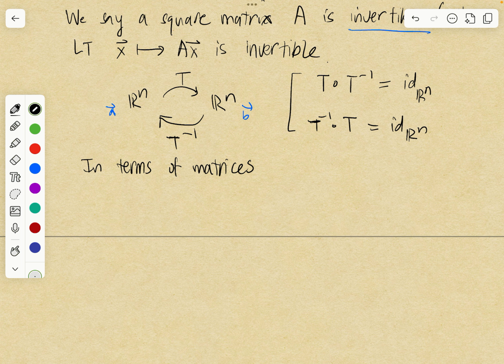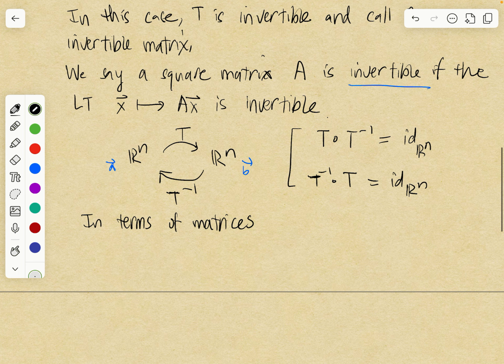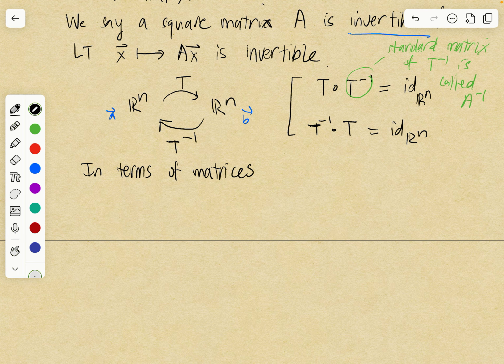Let's call the standard matrix of T inverse A inverse, A to the minus 1.